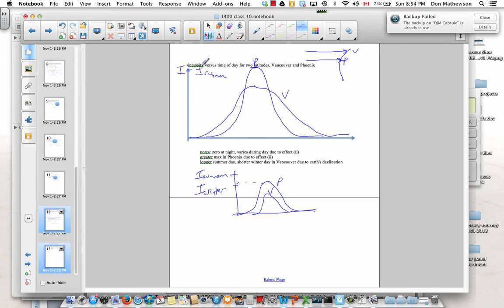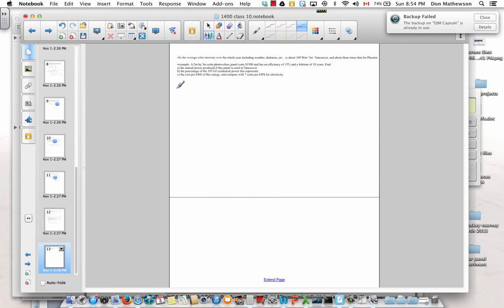So let's imagine that you want to buy a solar panel and make some electricity. Typically their efficiencies are about 15%. Let's imagine that you want to do this in Vancouver. So the area of your panel is 2 meters by 3 meters. That's 6 square meters.